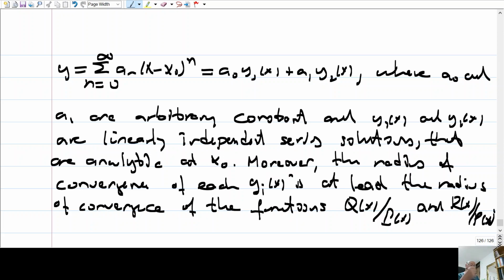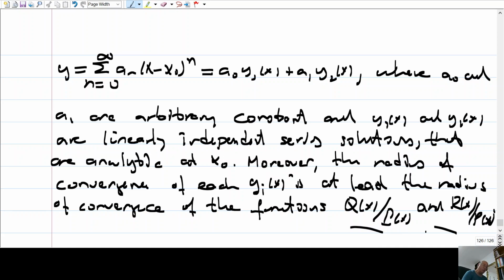The ratio of two analytic functions is also analytic, provided that the one in the denominator doesn't vanish at x0, and therefore these analytic functions have radii of convergence.